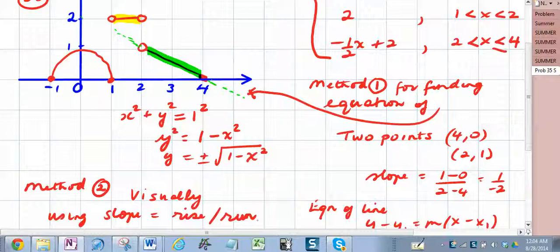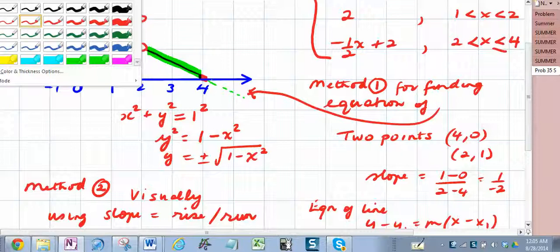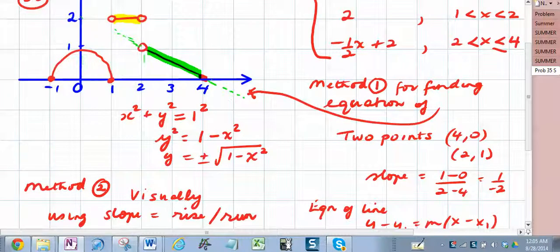You've known that for a long time, okay? If you think about this green line segment, the rise is going to be 1 unit, but I'm going down, so it's negative 1, and the run is 2 units.